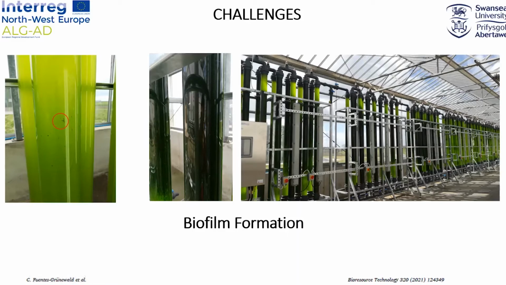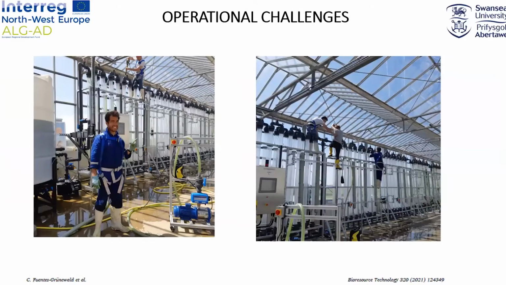But the problem, when we had this biofilm formation, and that was one of the questions in the chat, is that we need to clean the reactor. So basically, this was an operational challenge. As you can see here, we normally use a jet washing machine in order to clean the reactor and keep it in a stable condition.